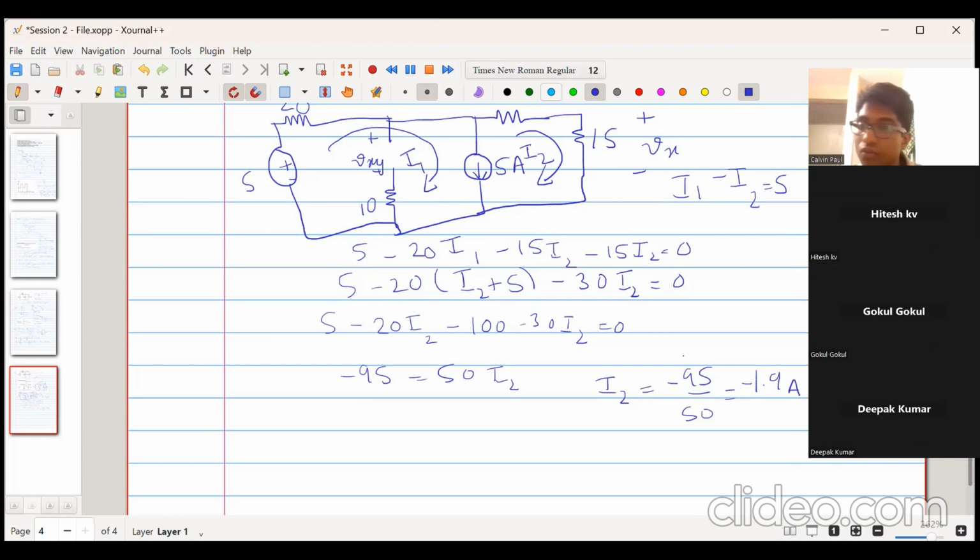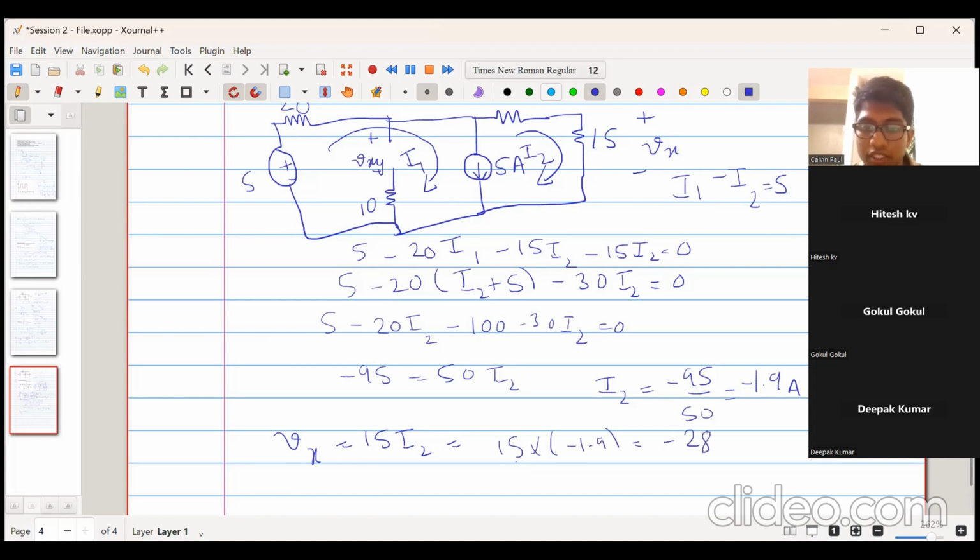So now we want to find Vx. Vx is the voltage over here, plus minus Vx. So Vx will be equal to 15 into minus I2, which is 15 into minus 1.9.